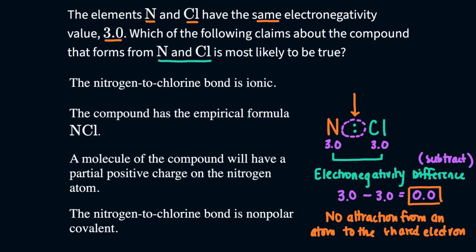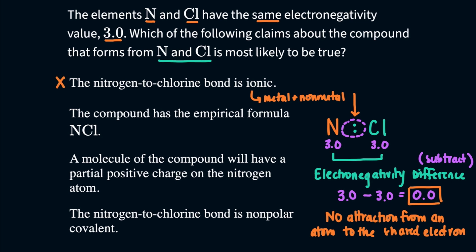Now just know that with this type of electronegativity difference, 0, this is the lowest that you can go. This is not ionic, right? Because usually ionic is a metal plus a nonmetal. And nitrogen and chlorine, if we look on the periodic table, are both nonmetals, so this one's out.